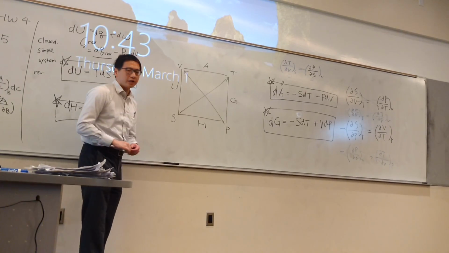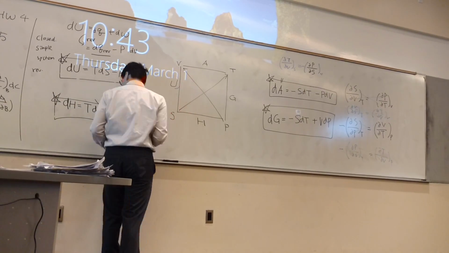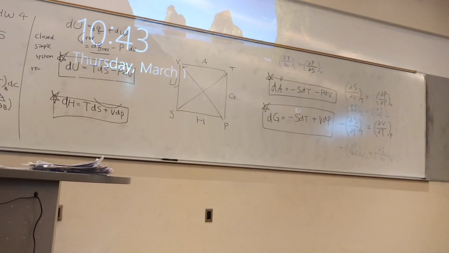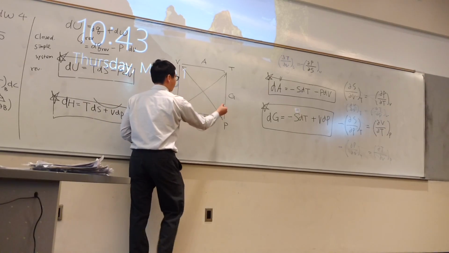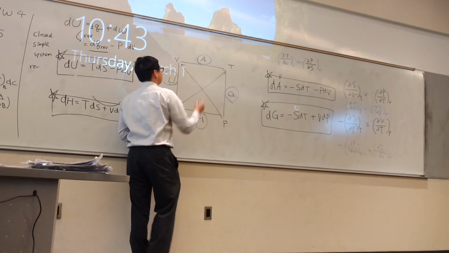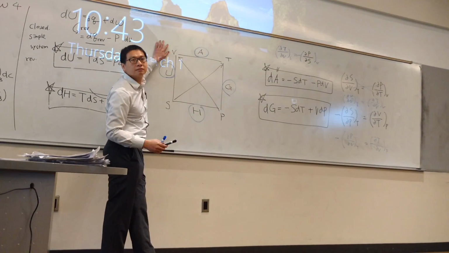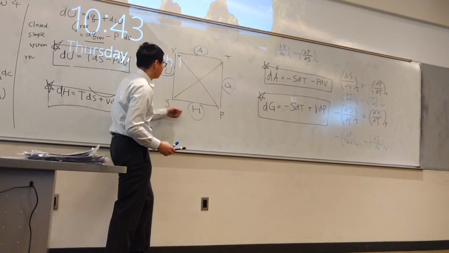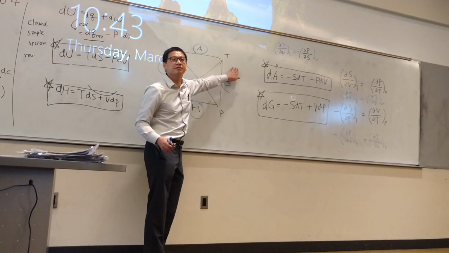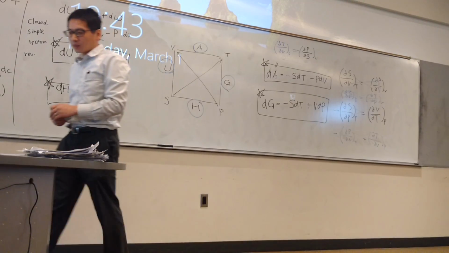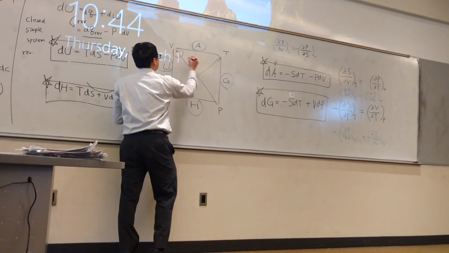On the sides, you have these four state functions. U is a function of S and V. H is a function of S and P. G is a function of P and T. A is a function of V and T. Once you have this, notice we have two arrows here.